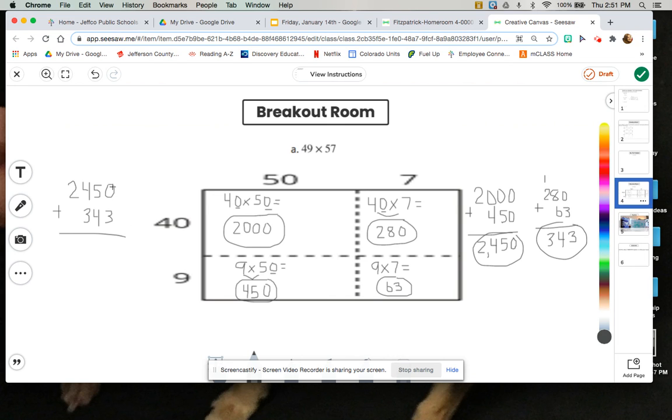So they're going to start with their 1s, 0 plus 3 equals 3. They're going to move over to their 10s, 5 plus 4 equals 9. They're going to move over to their hundreds, 4 plus 3 equals 7. And then over to the thousands, 2 plus nothing equals 2. And so our final product equals 2,793.